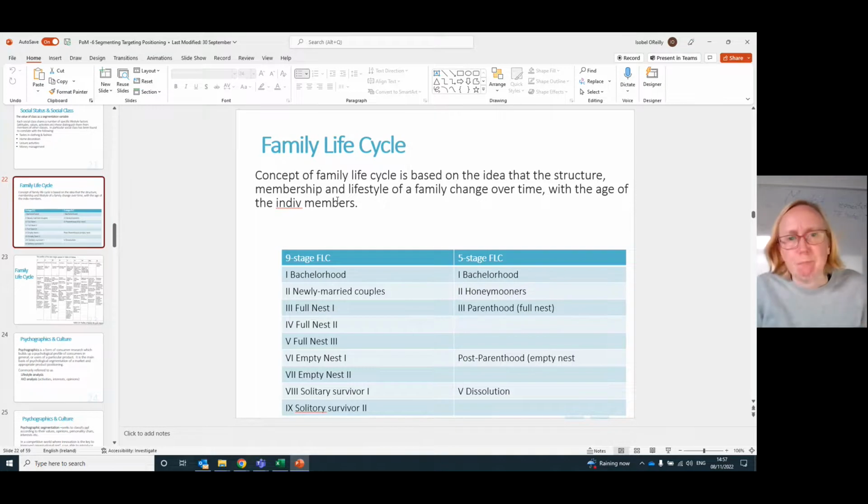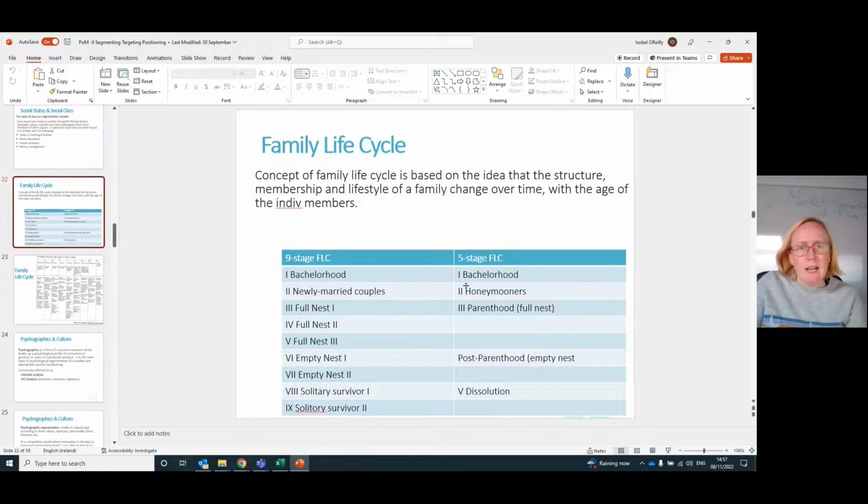So again, we've got a more old-fashioned version and an extended, newer version. Simply called the 9-stage FLC, family life cycle, or a 5-stage family life cycle.